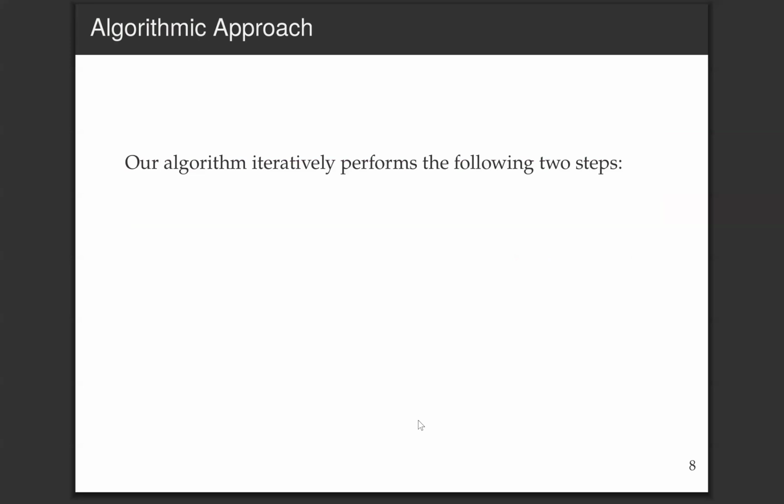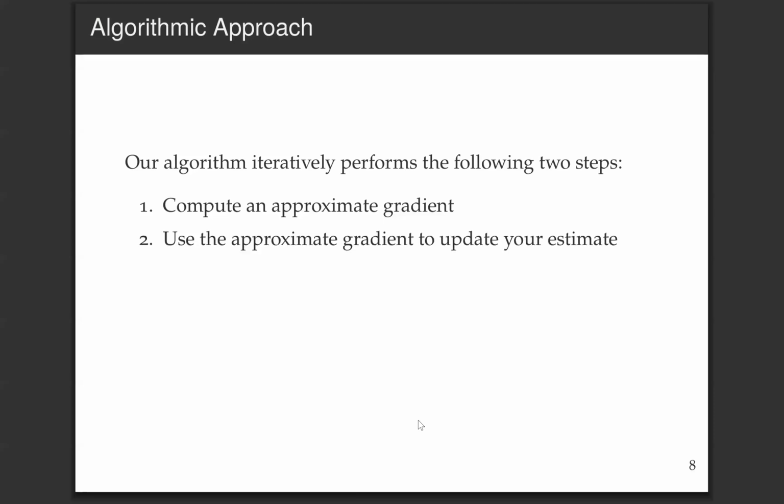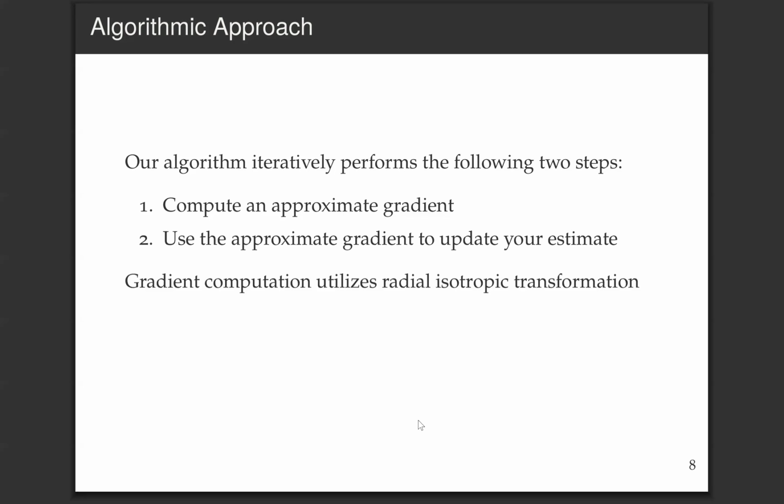Now I'm going to talk about the algorithmic approach that we use to obtain our results. It's going to be an iterative algorithm similar to gradient descent, and it consists of the following 2 steps. In the first step, we compute an approximate gradient. In the next step, we use the approximate gradient from the first step to obtain an updated estimate. We repeat this process until we converge to a good estimate of a center point.